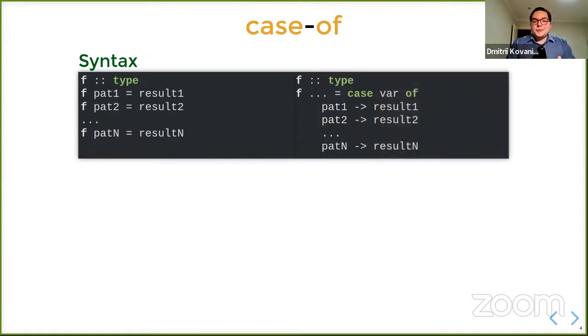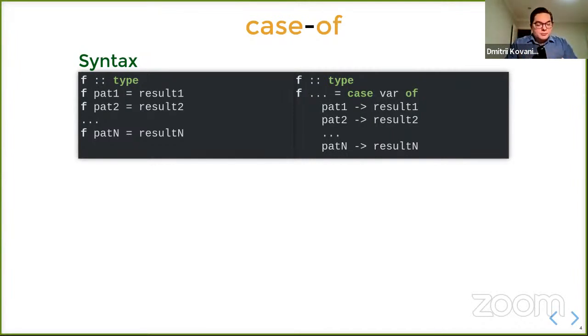Alternatively, you can use the case of expression. The syntax is similar to the patterns, but you don't repeat the name of the function multiple times. You just start as previously, and you use the case keyword. You then apply it to some variable, some value. And again, you specify all the patterns and the results depending on the pattern you get.